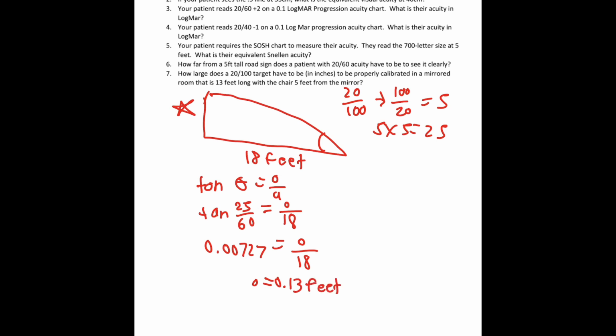But she wanted the answer in inches, so to go from feet to inches, we do 0.13 times 12, and we end up with 1.57 inches.